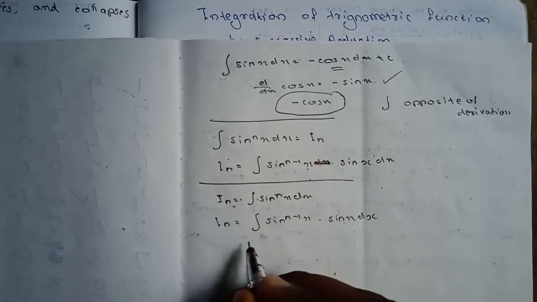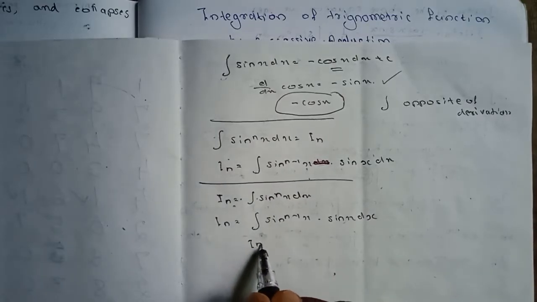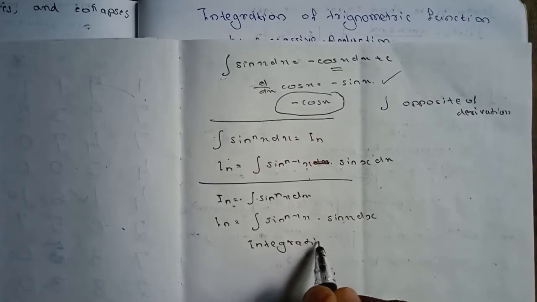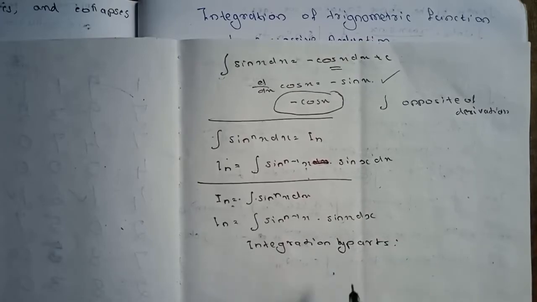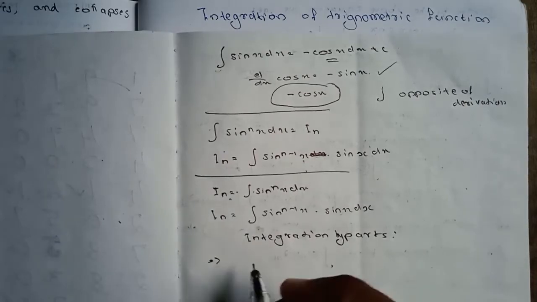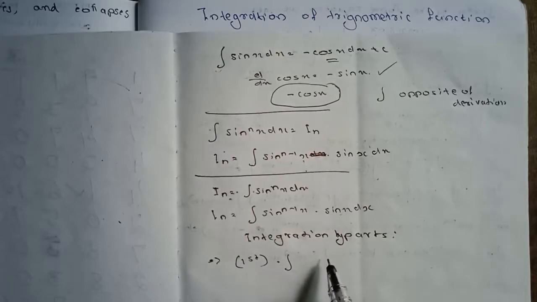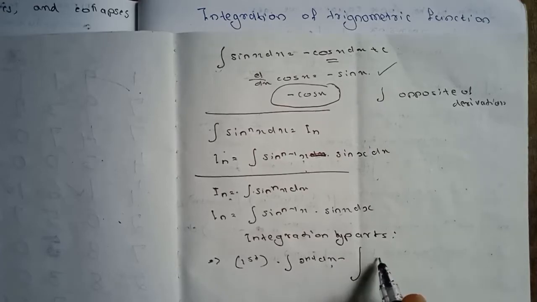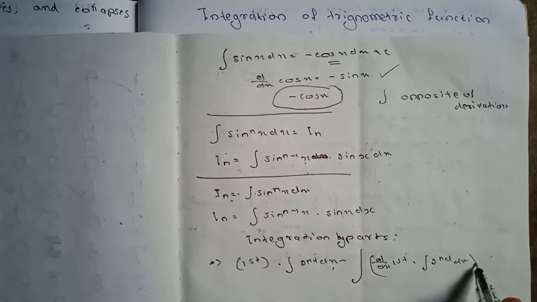Then in the next step, we use the principle of integration by parts. By using integration by parts, we know the main equation: the first function into the integral of the second function, minus the integral of the derivative of the first function into the integral of the second function, whole dx.